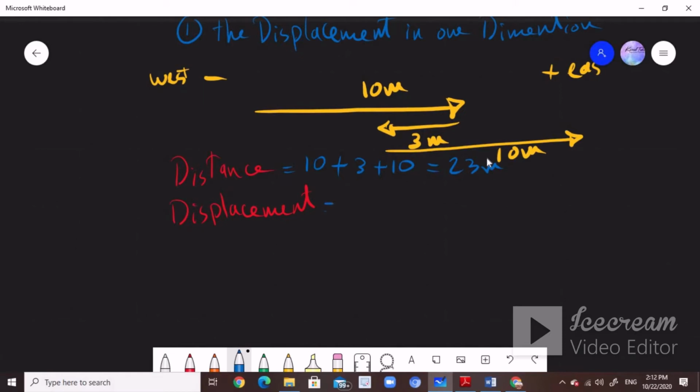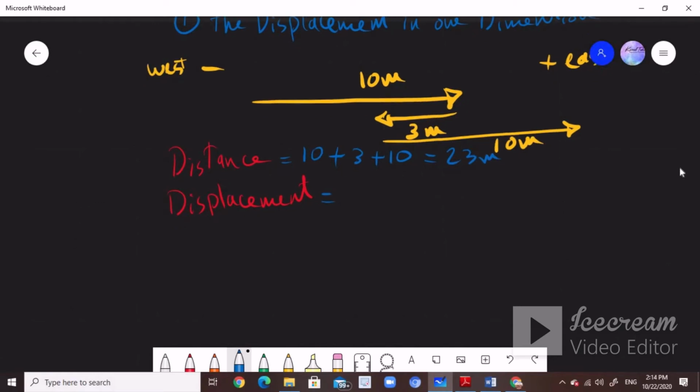But when we speak about the displacement it will be different. As you see here, the 10 is in the positive direction, or the east direction, and the 3 is on the other side, in the west or negative direction, and here also positive.